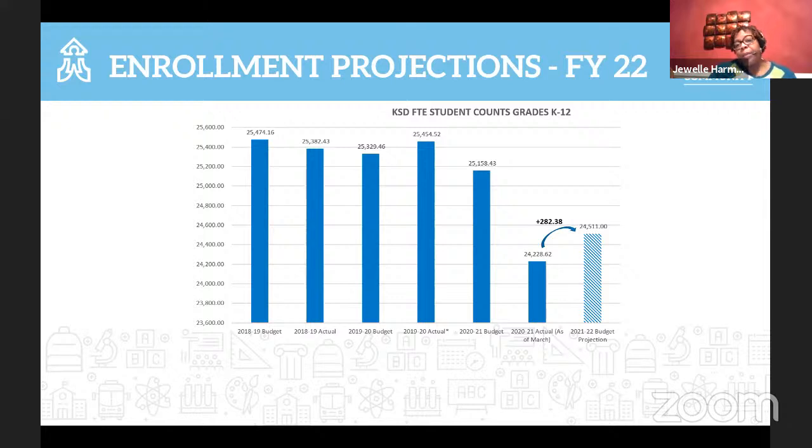That's because we're anticipating a slight rebound, but we're unsure of the exact amount. 19-20 will allow us to keep class sizes where they were in 19-20 as a start.